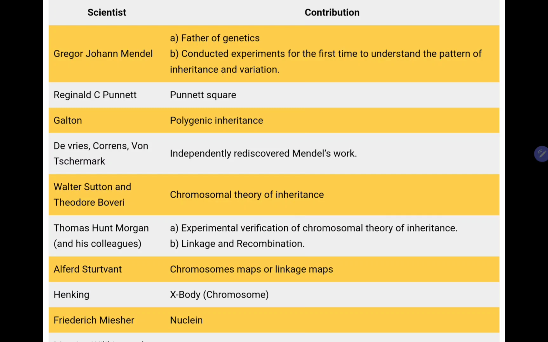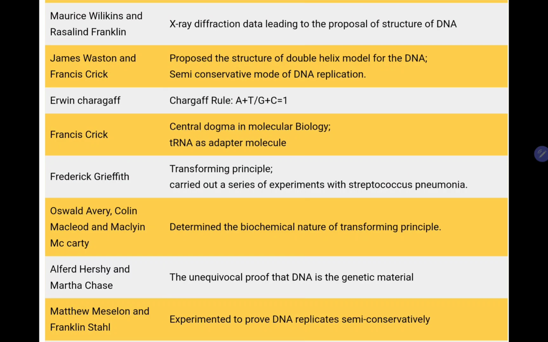Friedrich Miescher. He is the one who first recognized DNA as the acidic material present inside the nucleus. That is how he termed it nuclein. And he never discussed DNA as the genetic material. Next, Maurice Wilkins and Rosalind Franklin, X-ray diffraction data.